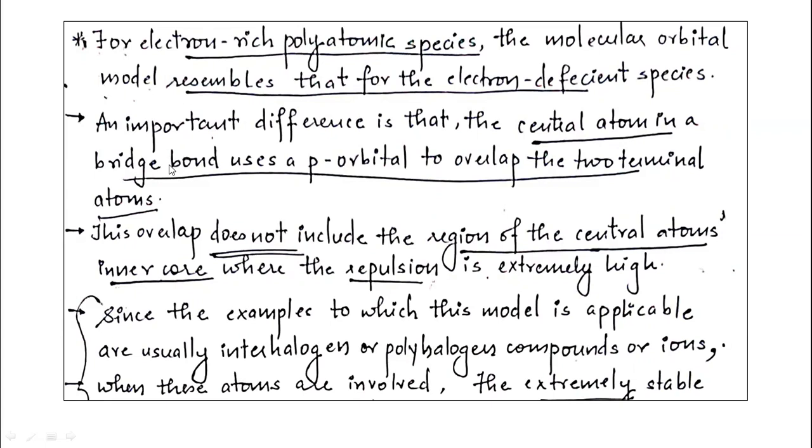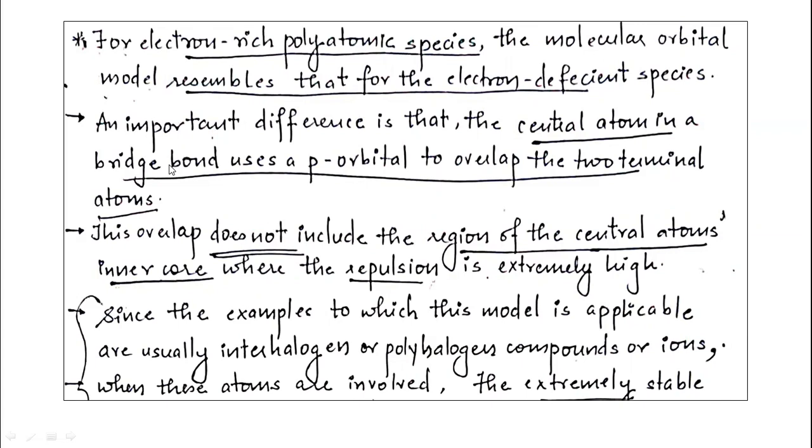An important difference is that the central atom in a bridge bond uses a p orbital to overlap with the two terminal atoms.